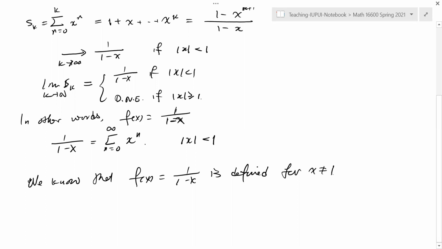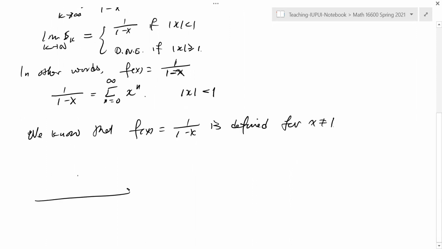So let's take a look at the graph. Here's the 1. When x is greater than 1, this is going to be negative, so the graph looks like that.